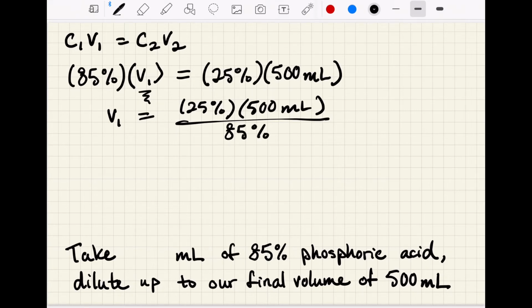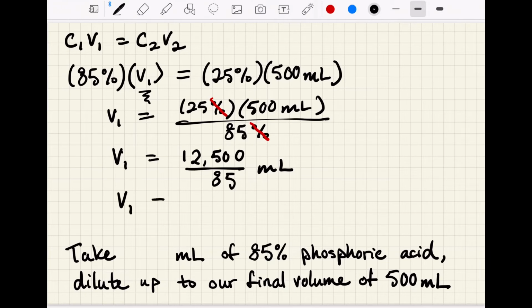Okay, so now if we go through and solve that, V1 equals, we can go ahead and our percentages cancel out, right? So V1 equals 12,500 over 85 milliliters is the unit that we're left with. And so that works out to V1 equals 147 milliliters.